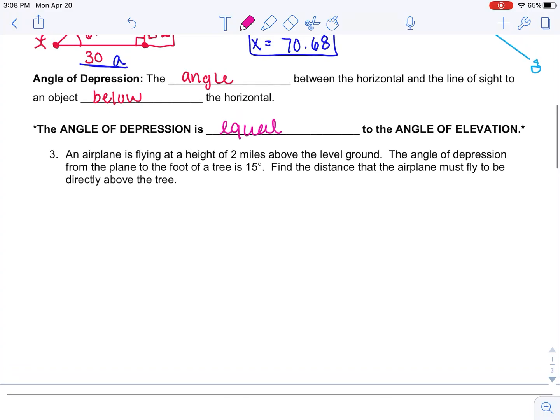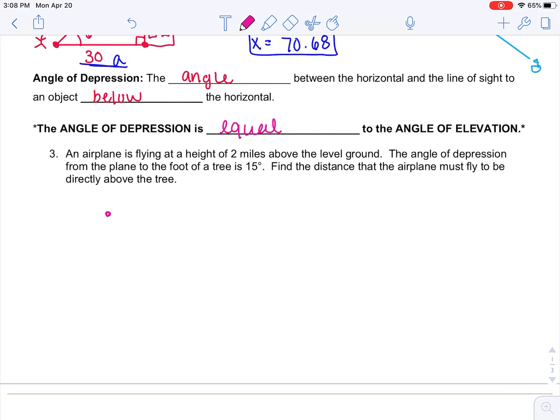For example, an airplane is flying at a height of 2 miles above level ground. The angle of depression from the plane to the foot of a tree is 15 degrees. Find the distance that the airplane must fly to be directly above the tree. Okay, so let's say this is my airplane.